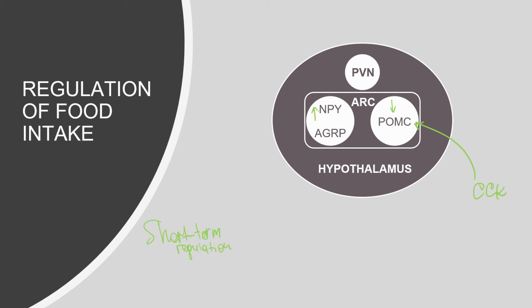This increases it. Then we've got ghrelin. It is a hormone produced from the stomach about 2 hours after its emptying, and actually it increases hunger. So ghrelin would be here.